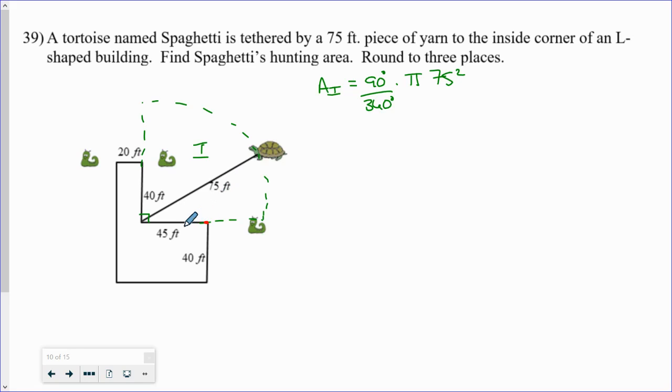So if I take 75 minus 45, I'm going to have that this radius here is now 30 feet. And that can go a quarter circle like this. And here's that 90-degree angle again. So the area of this second part is the 90 over 360 times pi times 30 squared.